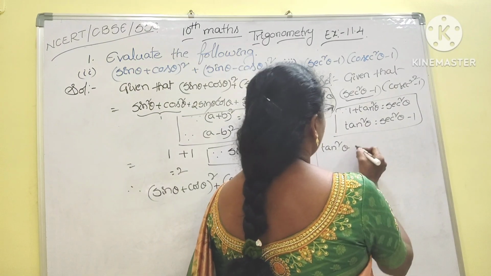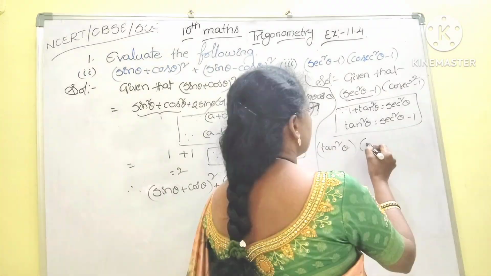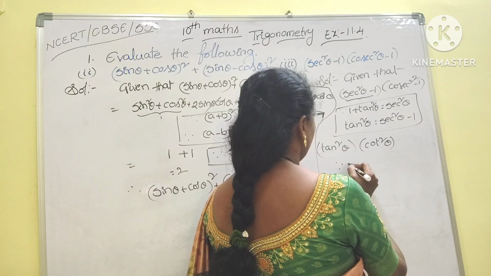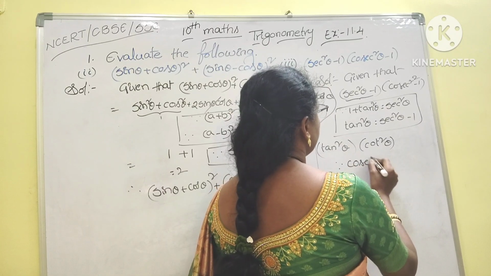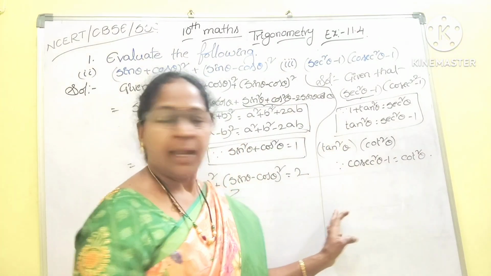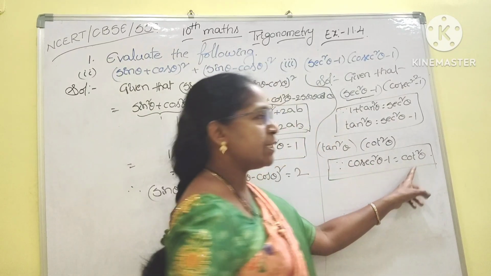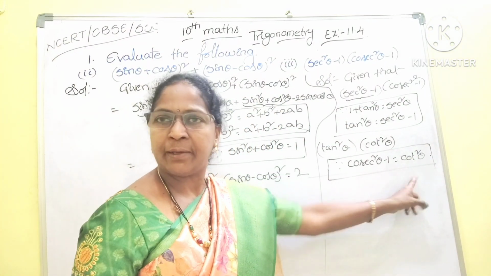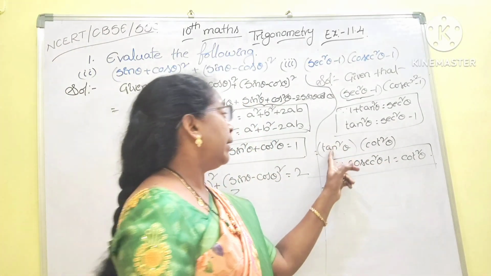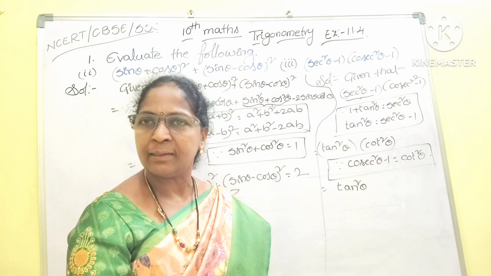So here you write the multiplication with cot square theta, since cosecant square theta minus 1 equal to cot square theta. According to this identity, just substitute this value instead of this. Now the last step is tan square theta into cot square theta. These two you have to simplify, that means try to cancel the terms. How can you cancel?